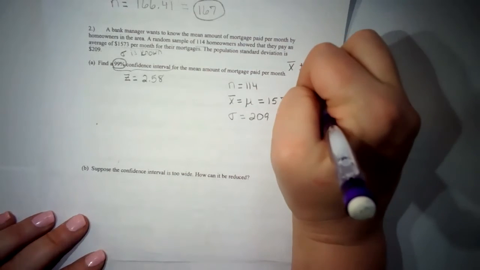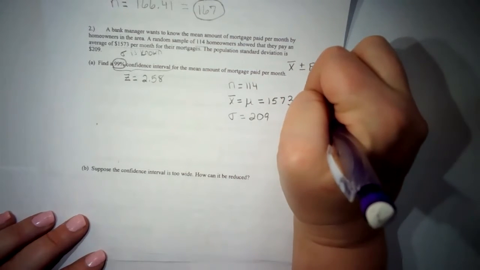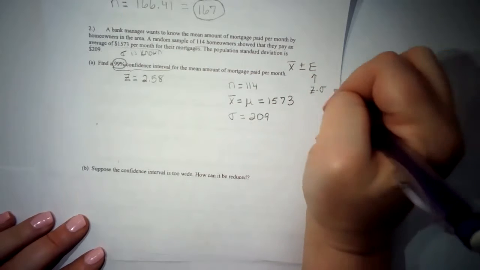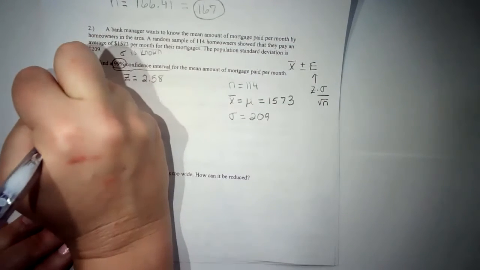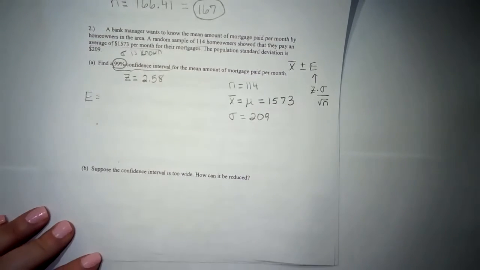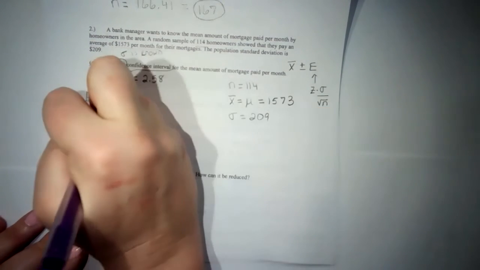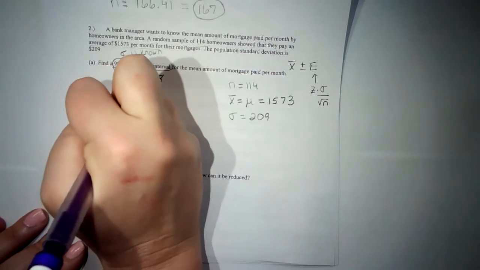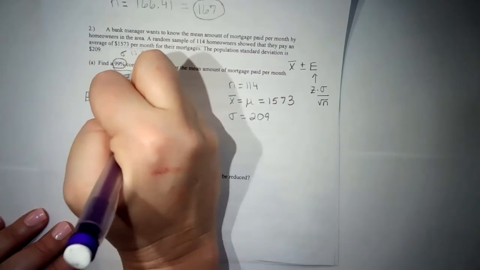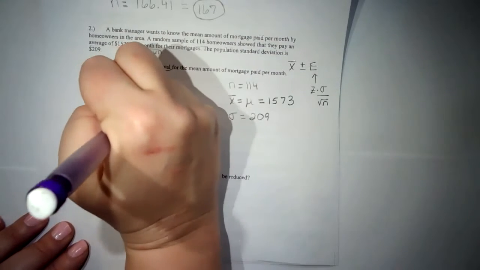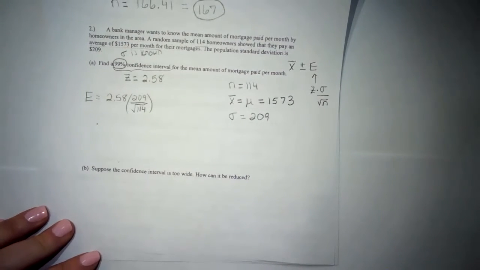We also said that E is going to be Z times sigma X bar, which is sigma divided by the square root of n. Okay, well, I already have X bar, so I'm not worried about him, but let's find our margin of error now, okay? So our margin of error is going to be Z times sigma, which is 209, divided by the square root of 114.